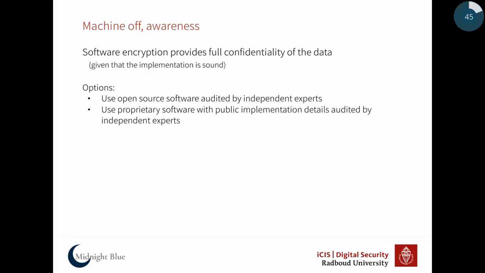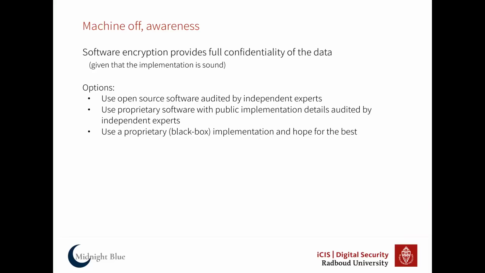Or if you use proprietary software with some implementation details that are public and independently audited, then you're probably fine as well. Or you can just live on the edge and use a black box implementation and hope for the best. I wouldn't prefer it, but it's your choice, and you have that choice.